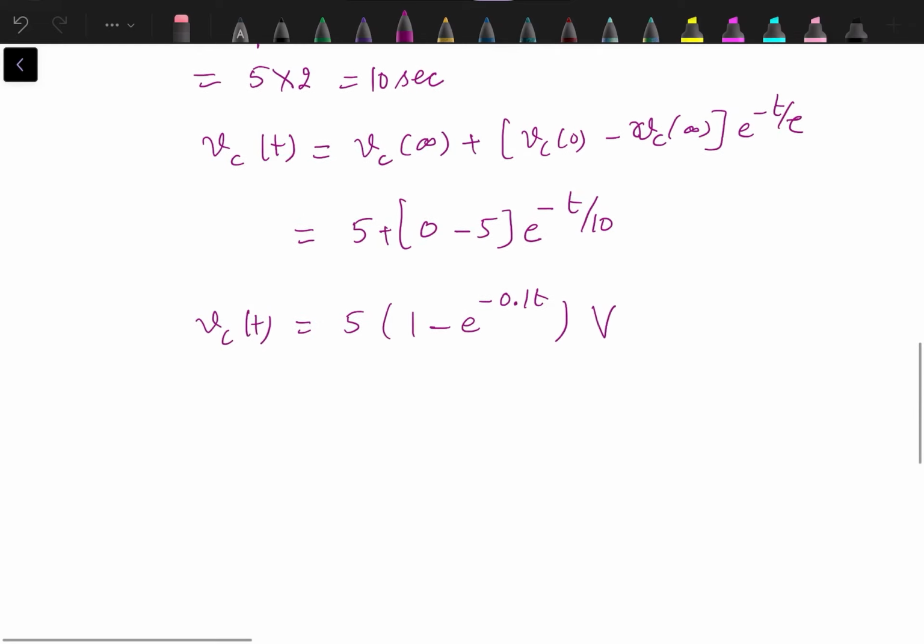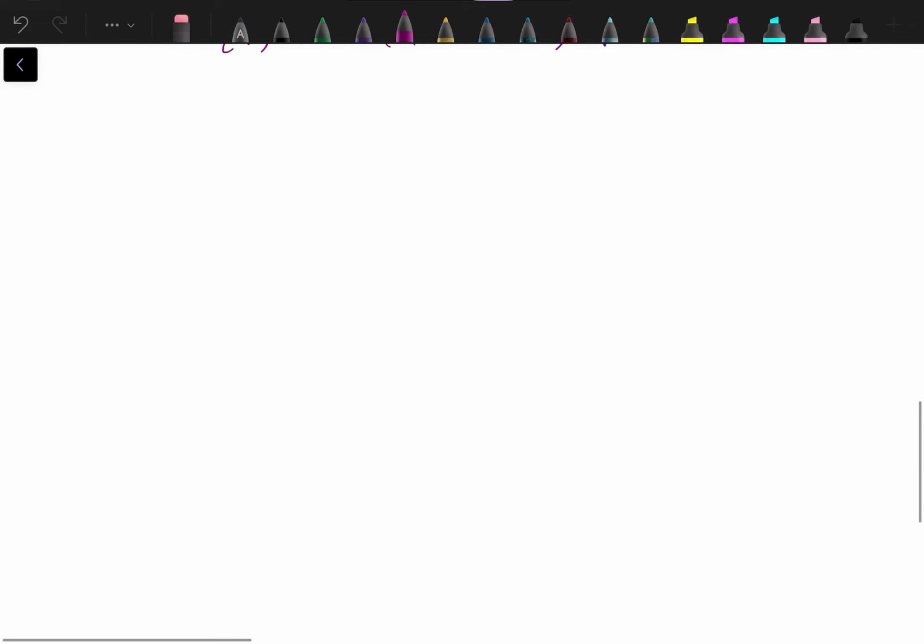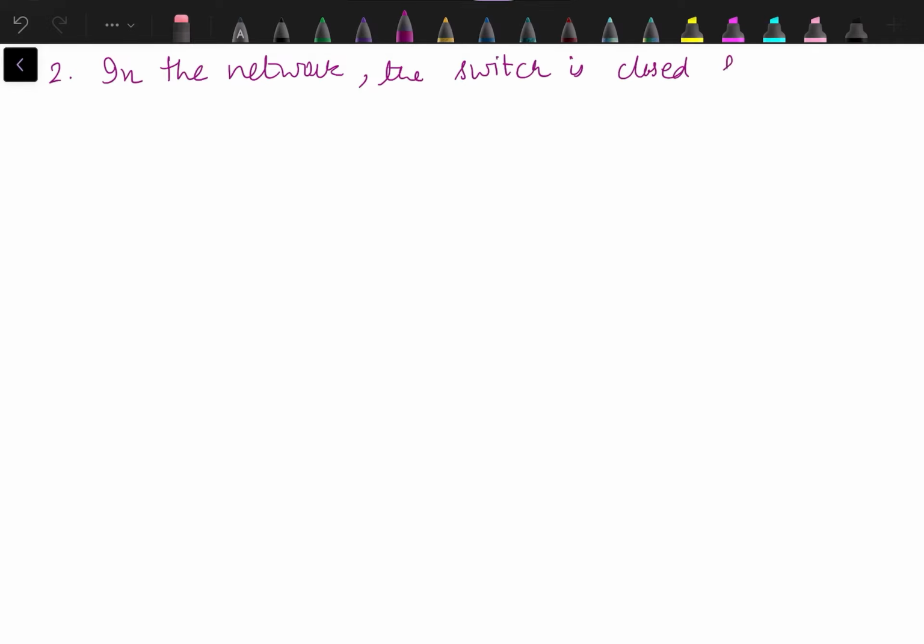Now next problem is: in the network the switch is closed for a long time, and at t equal to 0 the switch is opened.